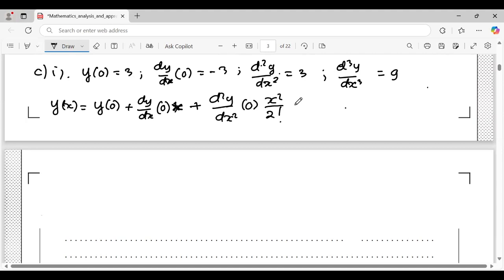Okay. And then the third derivative y'''(0) times x cubed over 3 factorial, and so on.